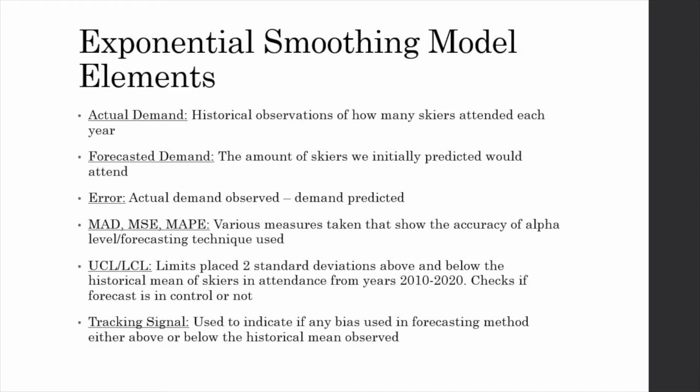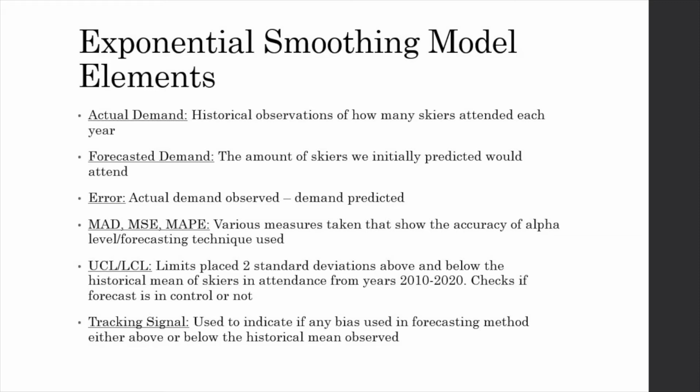A third element that we use is the error, which is the difference between the actual demand observed and the demand predicted. Some major measurements that we use are the MAD, the MSE, and the MAPE. These are various measurements taken that show the accuracy of the alpha level and the forecasting technique used.